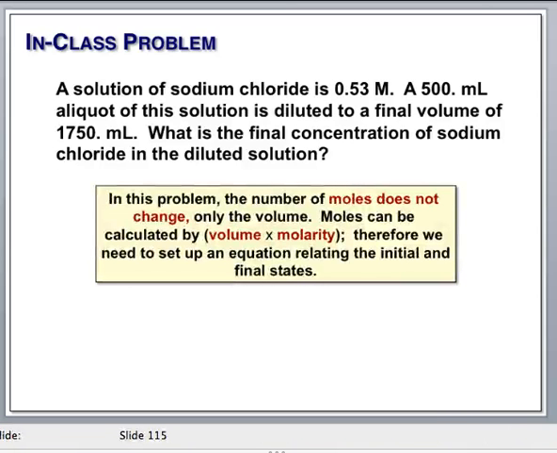We do our calculation to get our number of moles, volume times molarity. We're going to set up our equation relating the initial and the final state and simply solve for our final concentration.